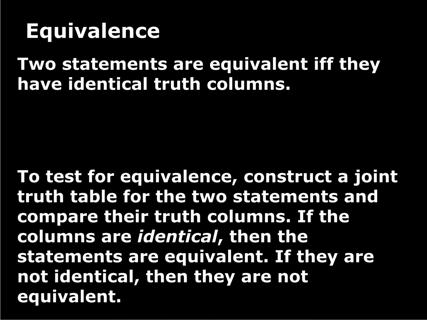And you compare their truth columns. Okay, the columns of T's and F's underneath the statement. And if those columns are identical, they're exactly the same. It's the same pattern of T's and F's down on both columns, then those statements are equivalent. If there's any row where they have a different truth value, then they're not equivalent.